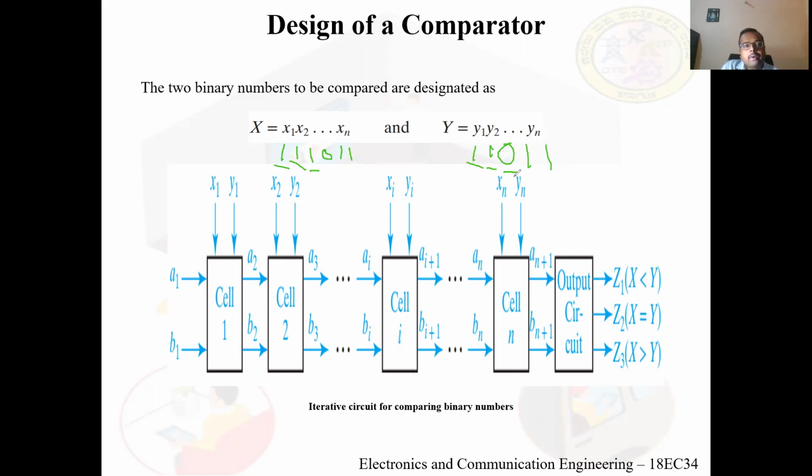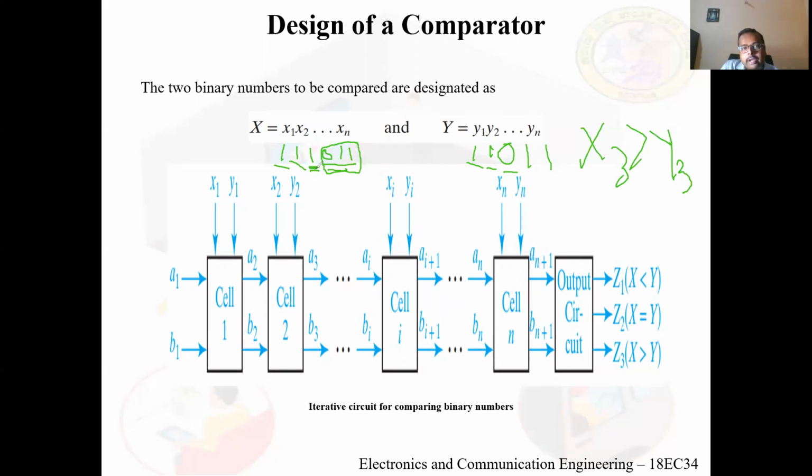So what will happen now? Since X3 is compared with Y3, we know that X3 is greater than Y3 here, right? Now, irrespective of the comparison of the previous bits, since as compared to all these bits, this is an MSB bit, right?